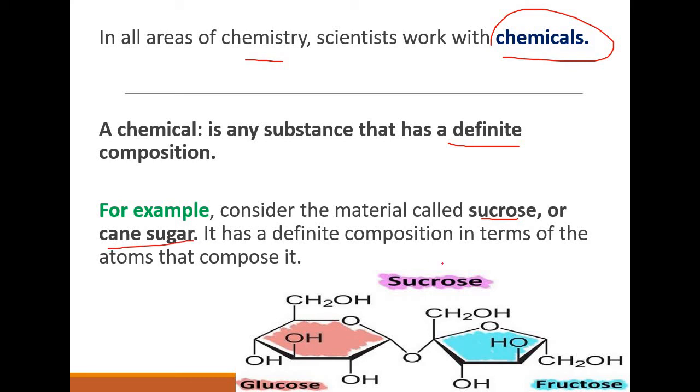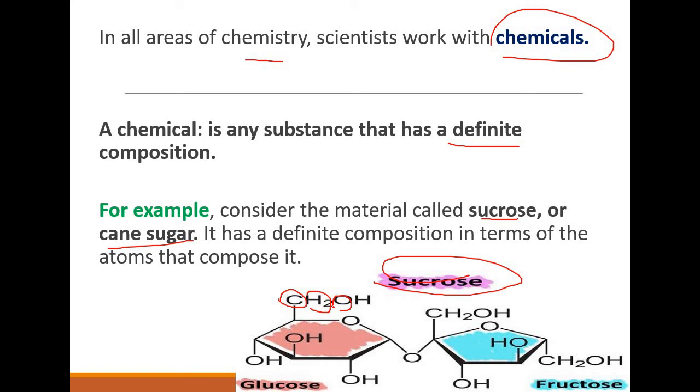Sugar has a definite composition in terms of the atoms that compose it. For example, sucrose consists of carbon atoms, hydrogen atoms, and oxygen atoms. These atoms make up the chemical.